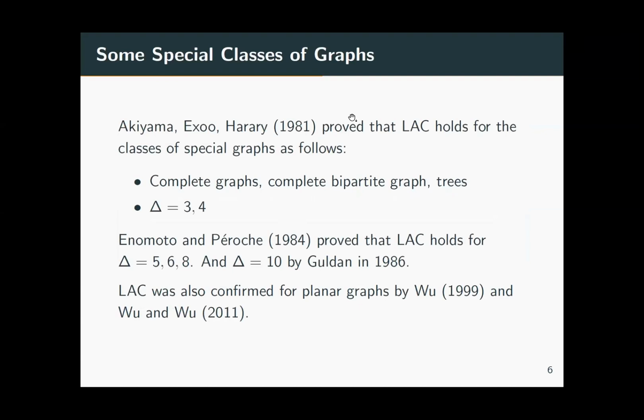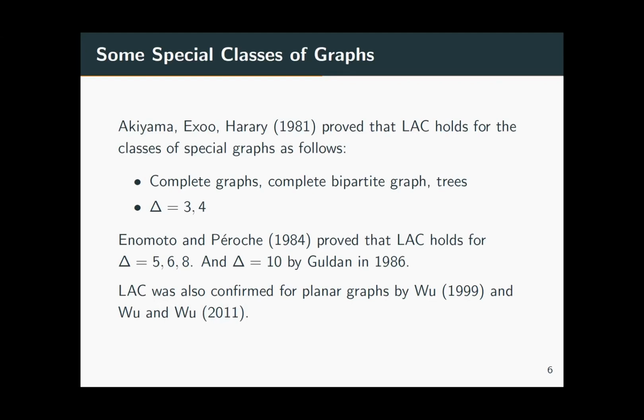So here are some previous results on the linear arboricity conjecture. First, in the original paper where LAC was posted, these three people proved LAC holds for some classes of special graphs, for example, complete graphs, complete bipartite graphs, and trees.